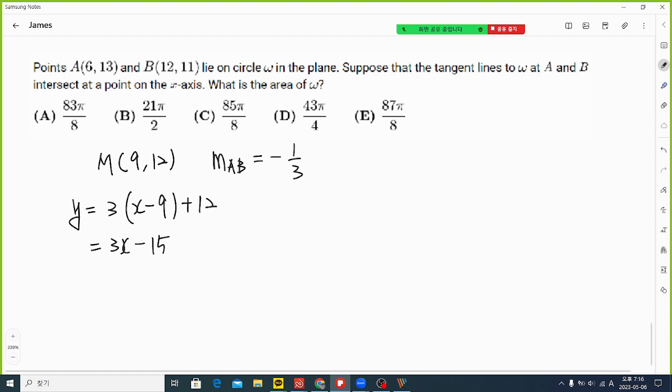So what's the x-intercept of this line when y is 0? What's the value of x? When y is 0, the value of x is 5. So the intersection point is 5 and 0.